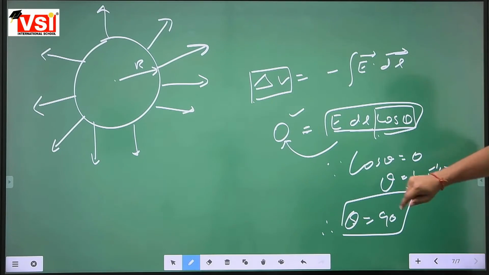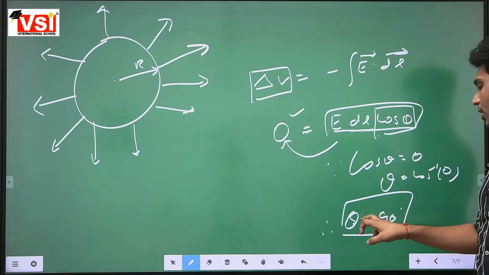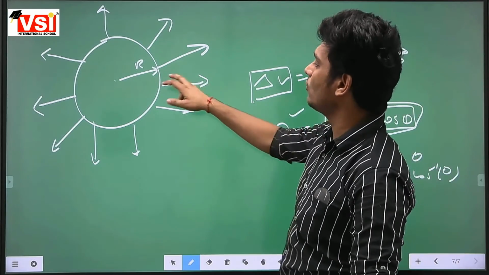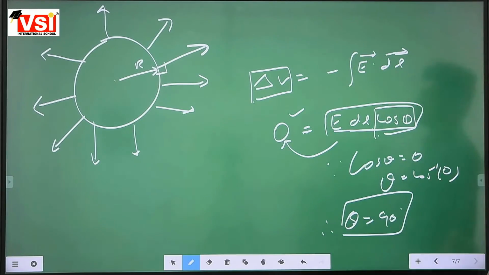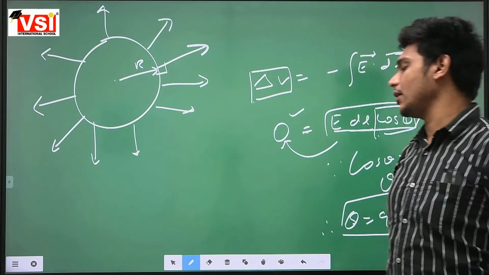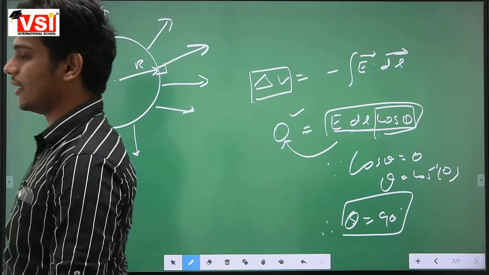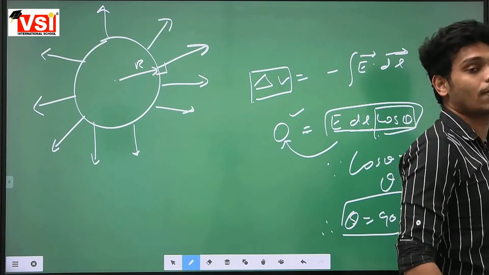So as theta is equal to 90 degree, it means that electric field is always perpendicular to the surface. Is it clear to everyone? That is the reason why electric field is always perpendicular to the surface. And this result was also considered in our previous lecture, that is Gauss's law and the application of Gauss's law.